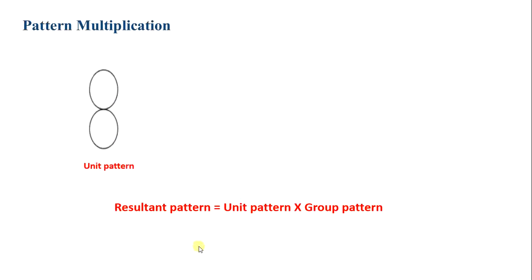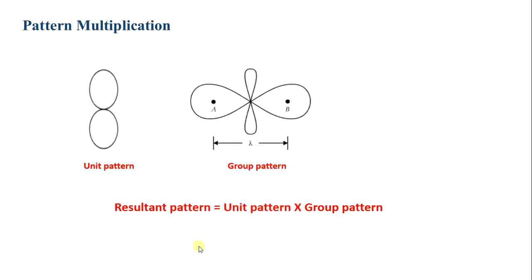Now, moving further to calculate the total resultant pattern, the resultant pattern is calculated as the unit pattern times the group pattern. First we take the unit pattern that we have seen; it has maxima at 90 and 270 degrees. Then we multiply it with the group pattern, which will yield the resultant pattern.